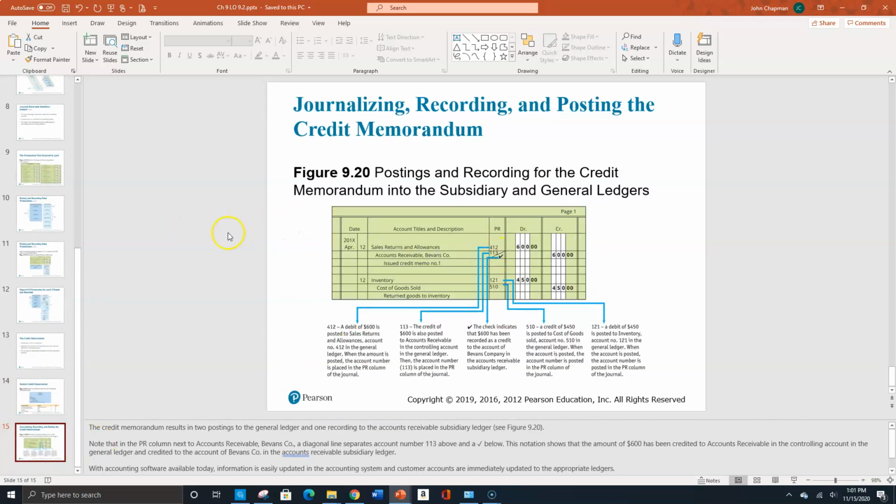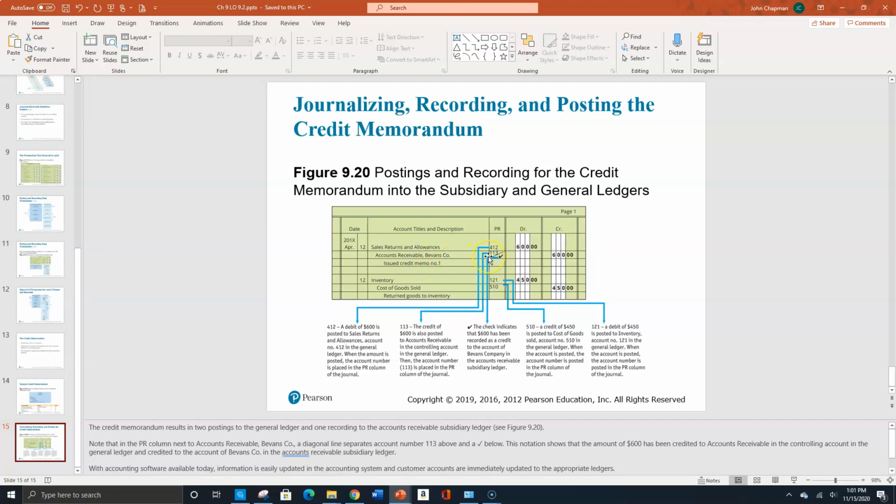So here's our journal entry for the credit memorandum. And then again, we have these posting references where this is recorded in the sales returns and allowances account. This goes to the accounts receivable Bevan's account.